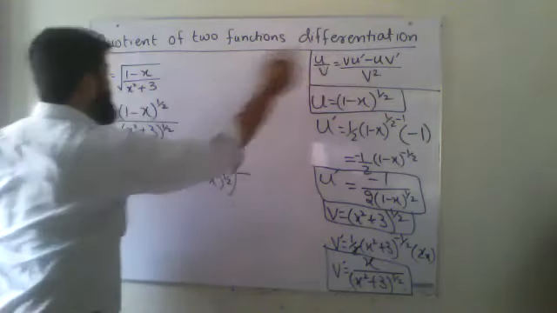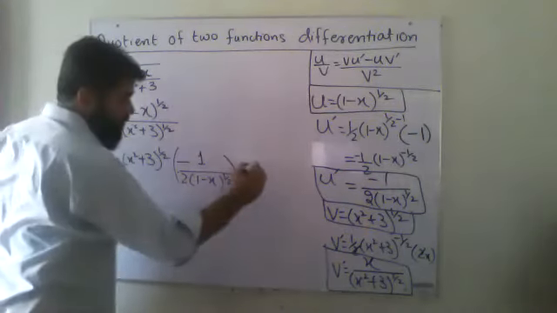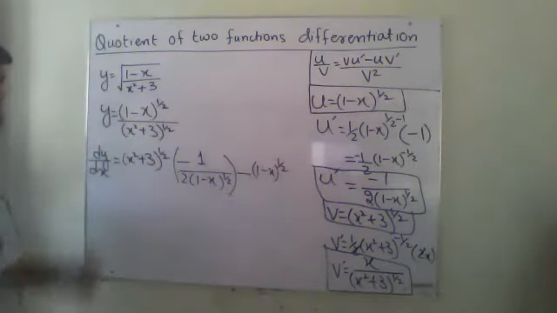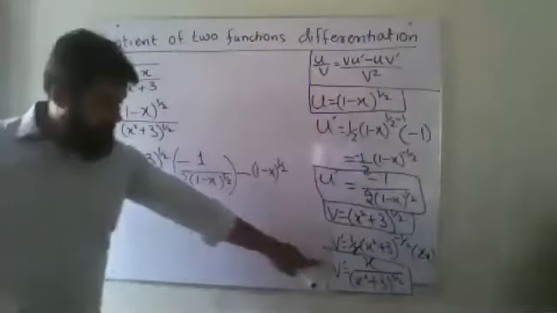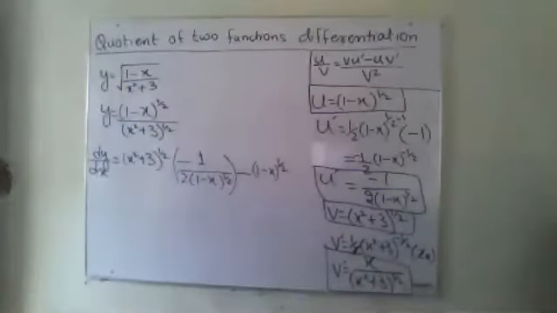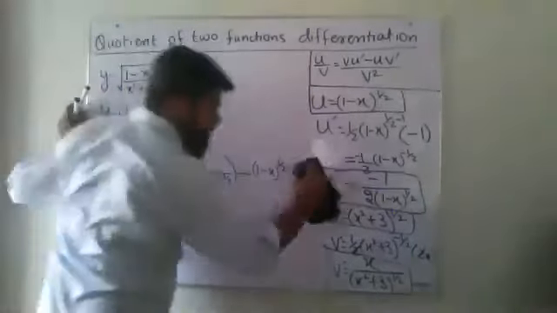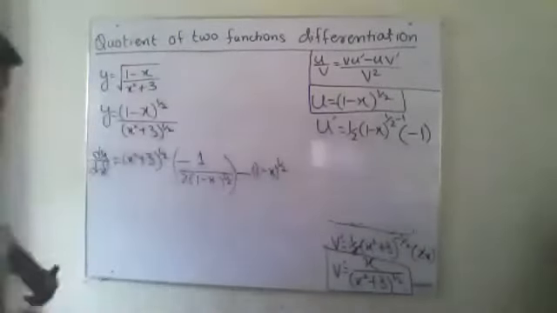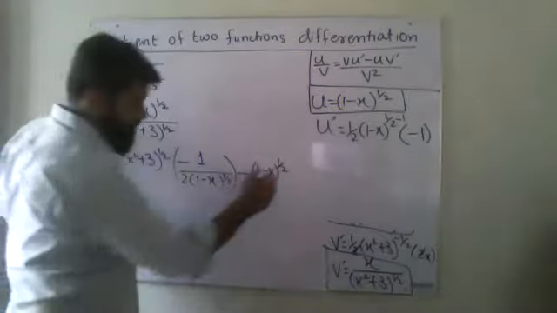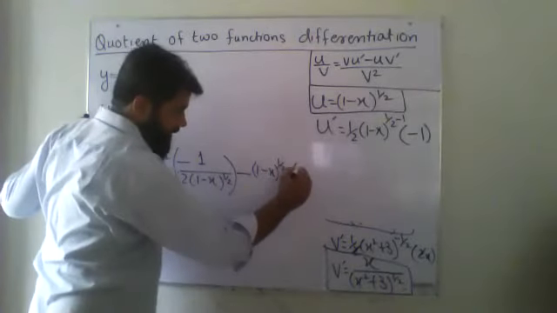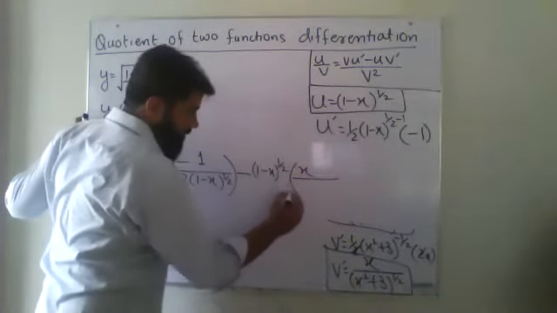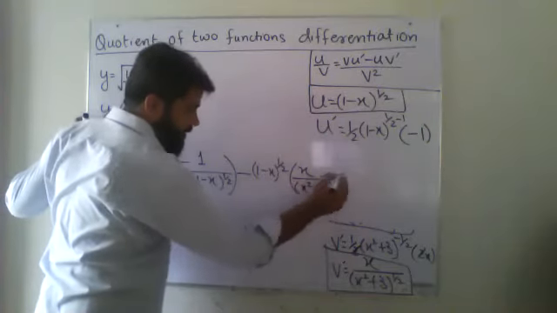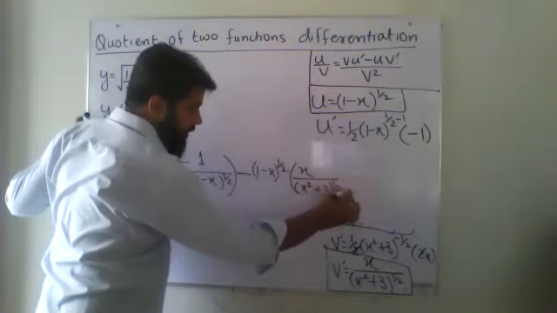minus u. What is my u? (1 minus x) power half, and v differential. So this is my v differential. My v differential is x over (x squared plus 3) whole power 1 over 2.